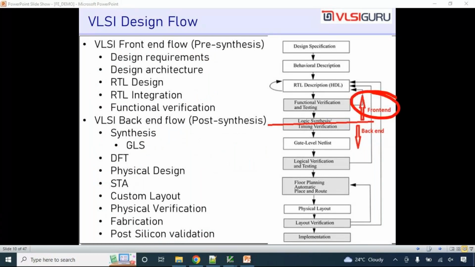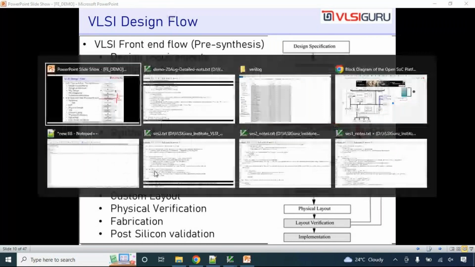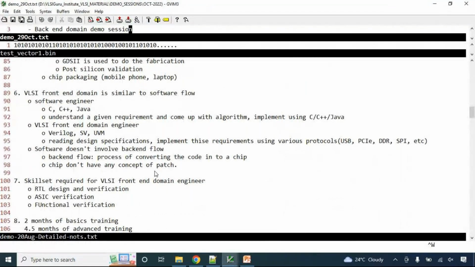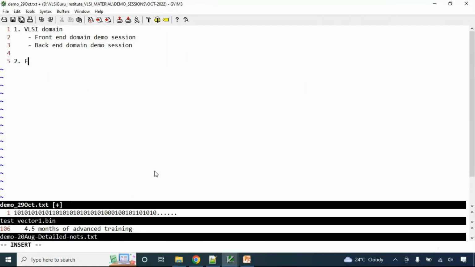Now the question comes, how do I choose between front end domain and back end domain? In simple terms, front end domain is more programming oriented. The person should be good at debugging, good debugging skills.